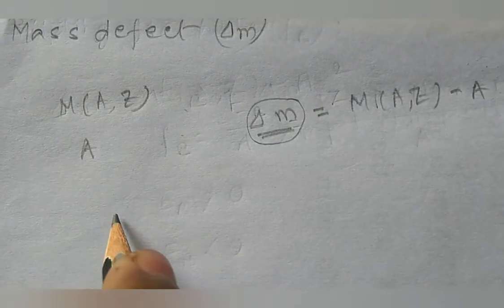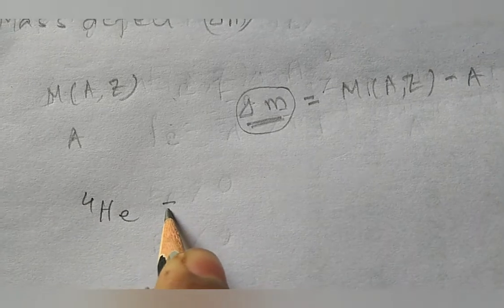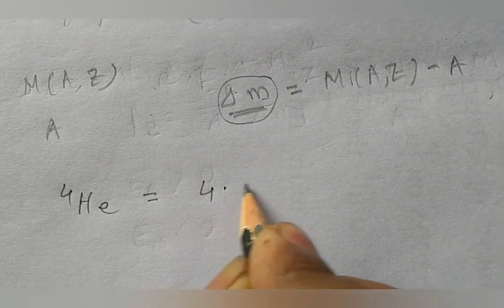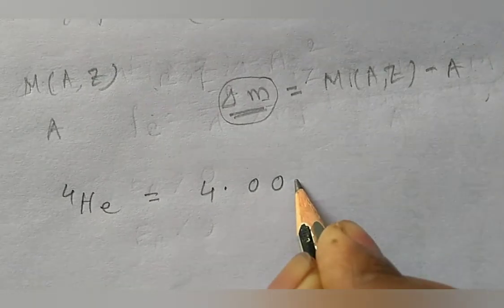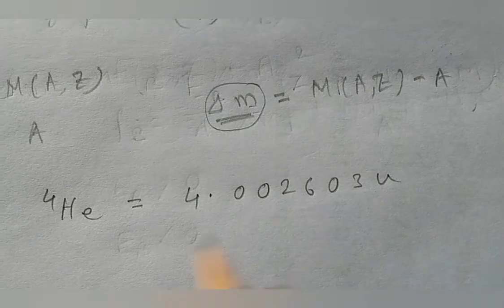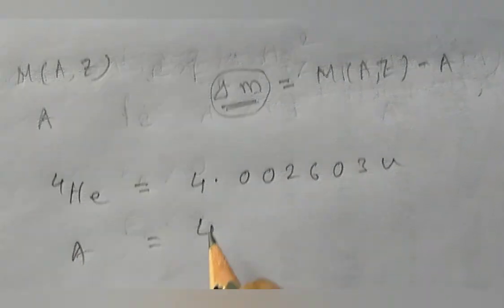For example, helium atom has the atomic mass 4.002603 U and mass number is 4.